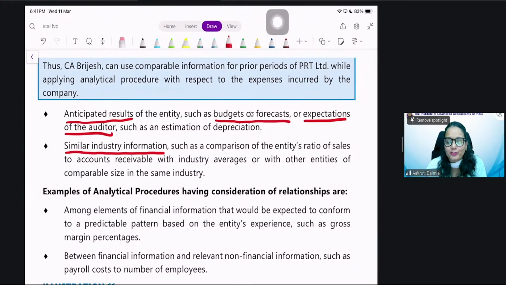Because I have to study the whole leather industry. What are the norms in the leather industry? So we have to do all that. That is why I told you analysis gives you value as an auditor, because the more you understand the industry, the more business knowledge you have, the better auditor you become because you'll be able to analyze better.